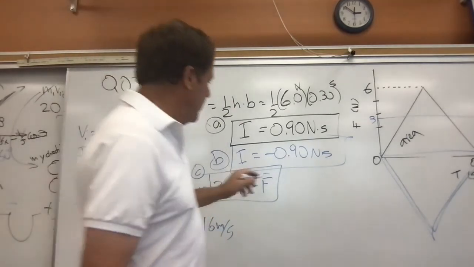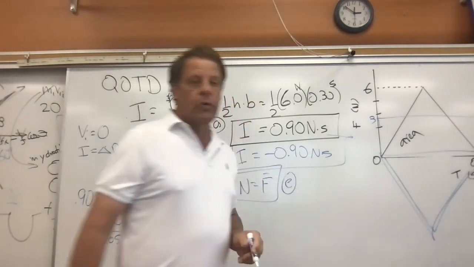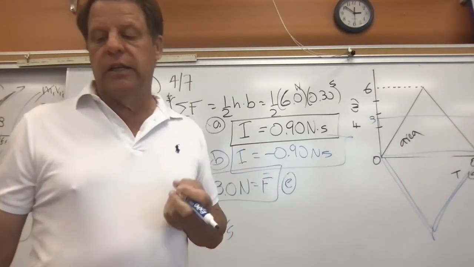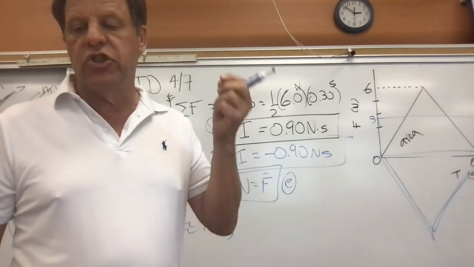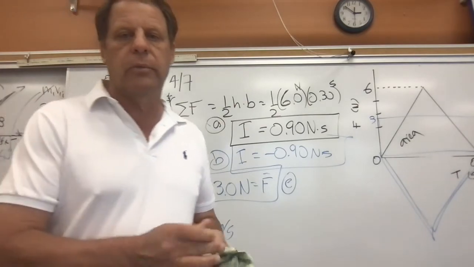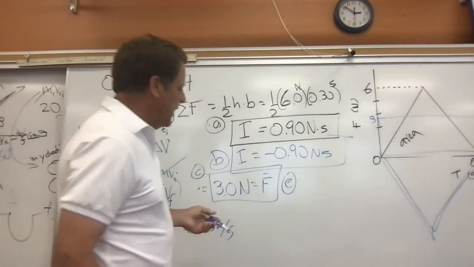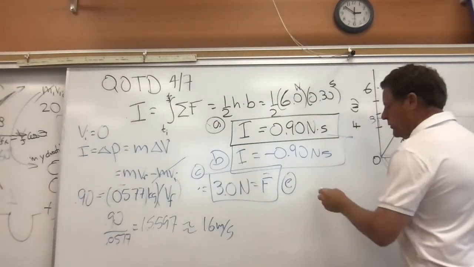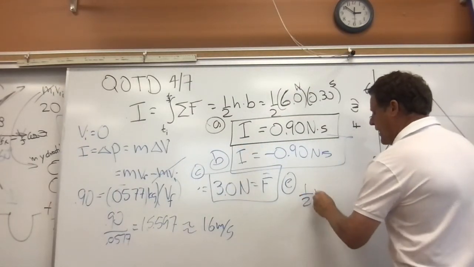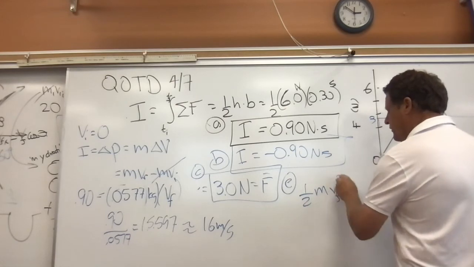Okay, so finally, we're going to get to E, which is going to be the change in kinetic energy. How much kinetic energy was imparted to the ball? So what we're going to have here is 1/2 m v final squared.